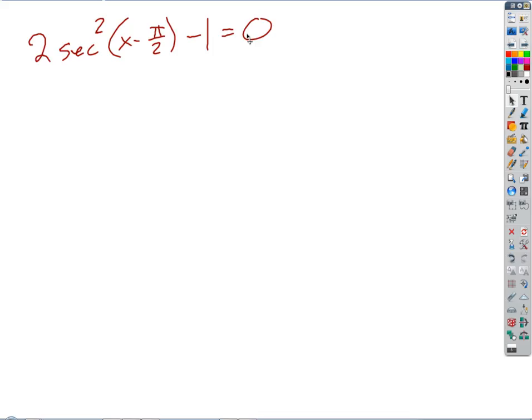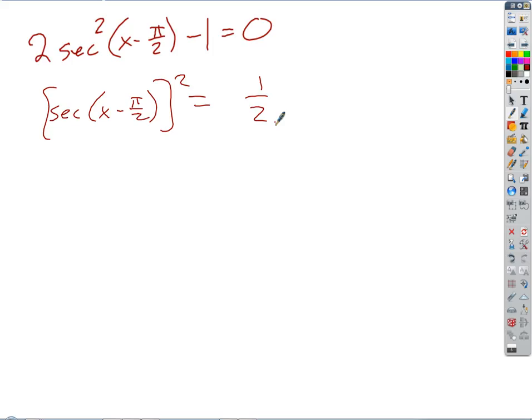Because remember, secant squared really just means the quantity secant, squared. So we'd end up with, let me do that out on the board. Now I've got a square root.